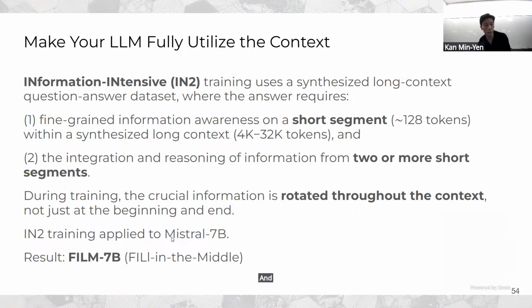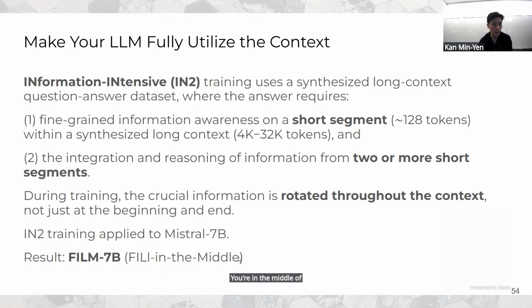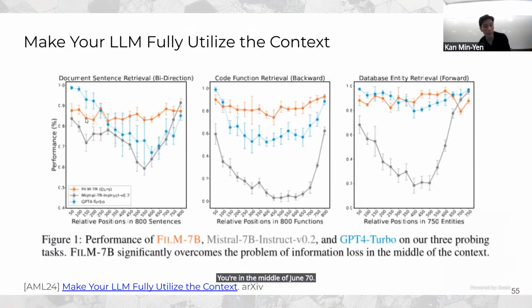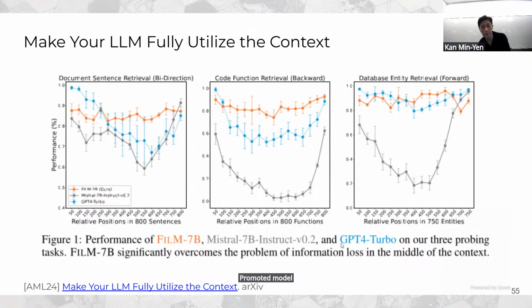And they do it on this Mistral 7B model, and after doing the fine tuning, they come up with a new model called Fill in the Middle, or FILM 7B. And you can see that the orange is the improved performance versus the original, the gray one, which is Mistral 7B, the original unmodified model, versus GPT-4 Turbo.